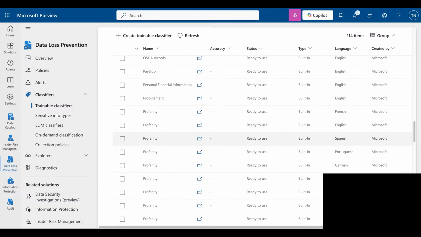As a DLP administrator, I'm able to pick that up based on these trainable classifiers. They alert me that this person is using words that can be classified under profanity. Then it sends me an alert with the person's details, and I can see this person is sending this kind of email to this person, and this other person is also responding with these kinds of words which are classified as profanity.